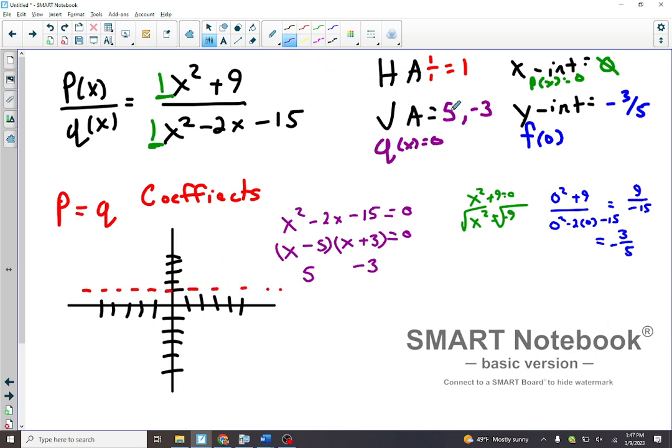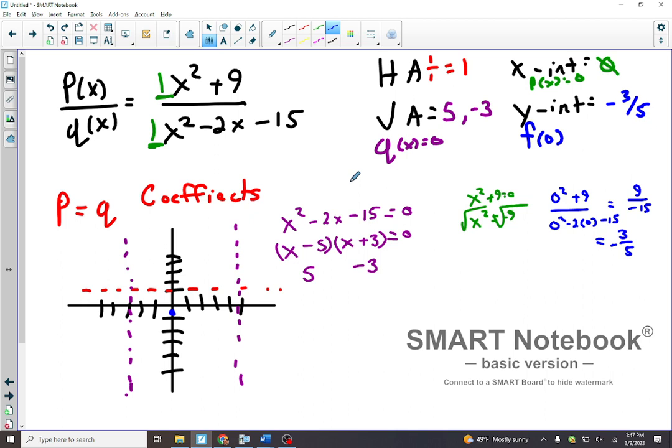You have a vertical asymptote at 5 and at -3. So 5 to the right, -3 to the left. There's no x-intercept, so you don't have to draw anything in that sense. And your y-intercept is -3 over 5, which should be in between 0 and -1.